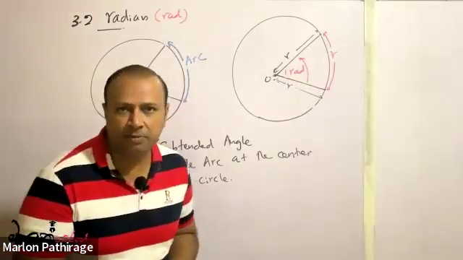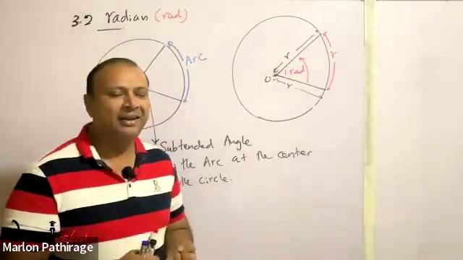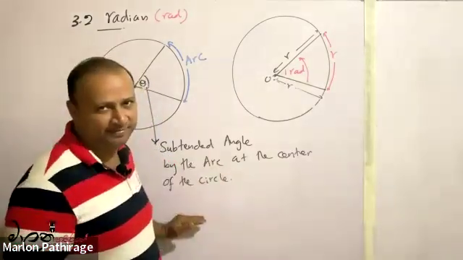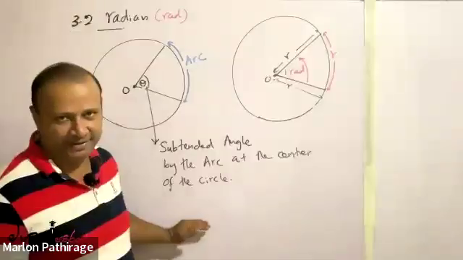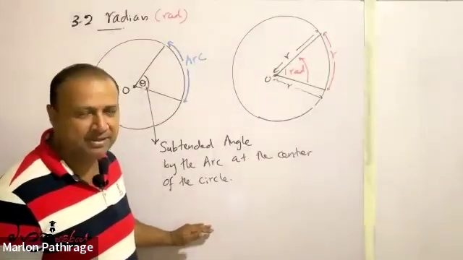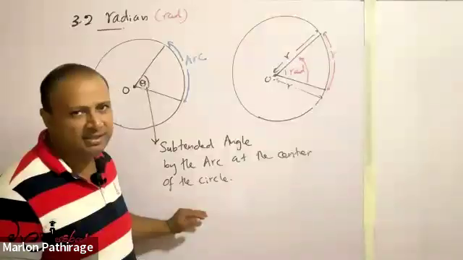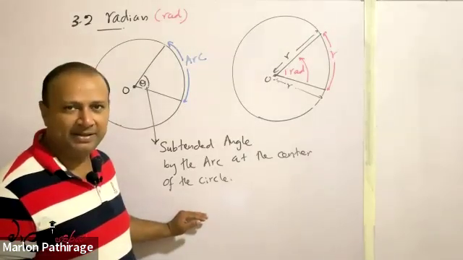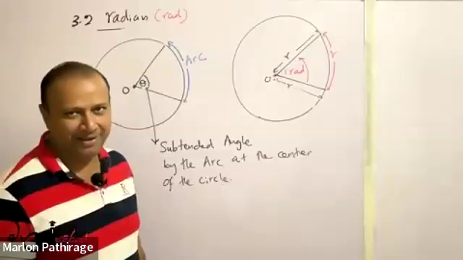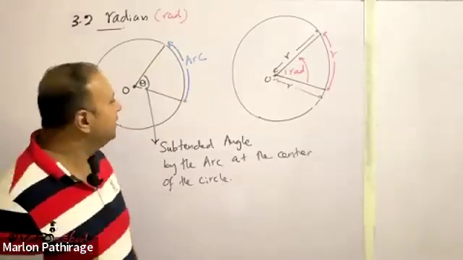First of all, we discussed degree. Then this is the new one, the radian. This unit is not in your O/L syllabus, therefore this is a new one for you. So you have to continue from this part, but other parts you already know.